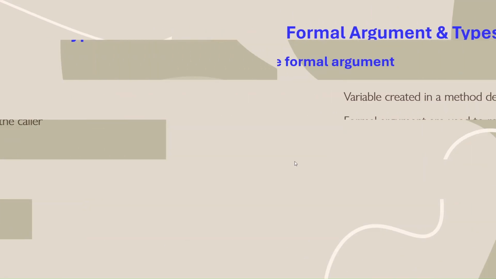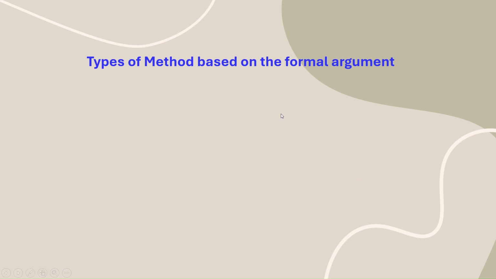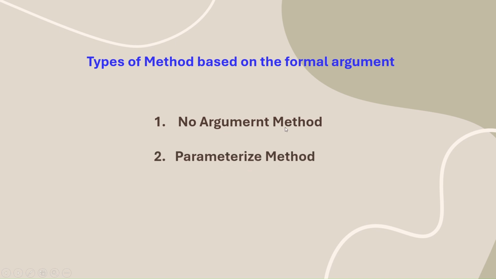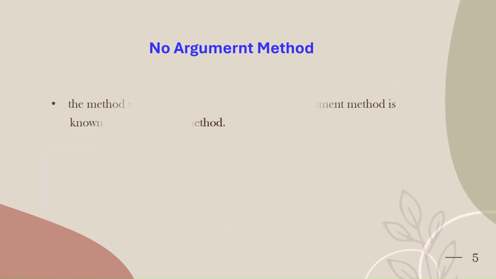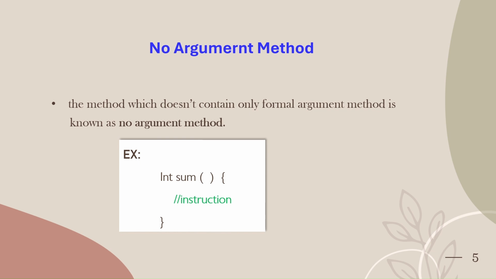So let's discuss the types of method based on the formal argument. We have a no argument method and a parameterized method. Let's discuss them one by one. The first one is the no argument method. The method which doesn't contain any formal argument is known as a no argument method.